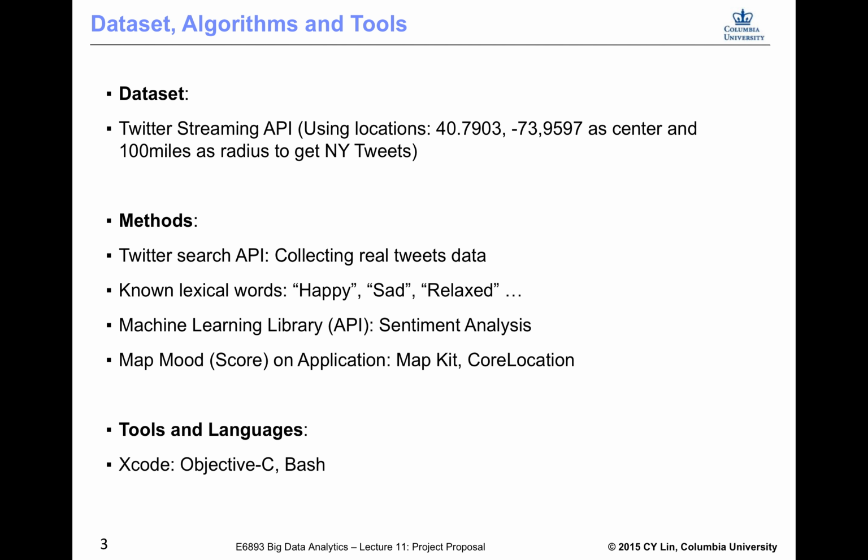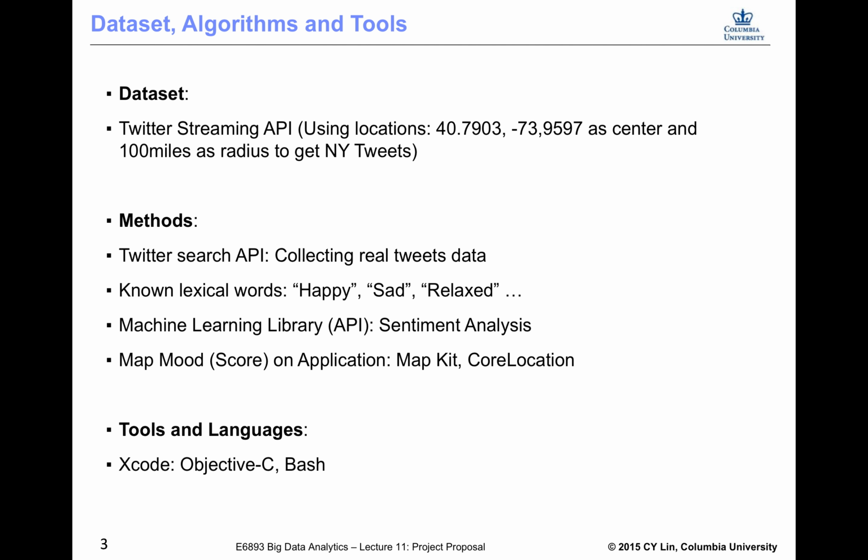The method is, I first use the Twitter Search API, which I think everyone knows, to collect some real Twitter data. With this data, we can see words like happy, sad, relax, which are all contained in the tweets. Then I use a machine learning library to do sentiment analysis to distinguish whether a tweet is negative, positive, or contains a neutral attitude.